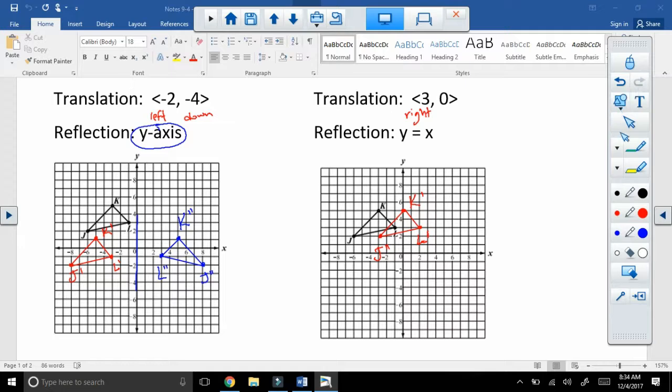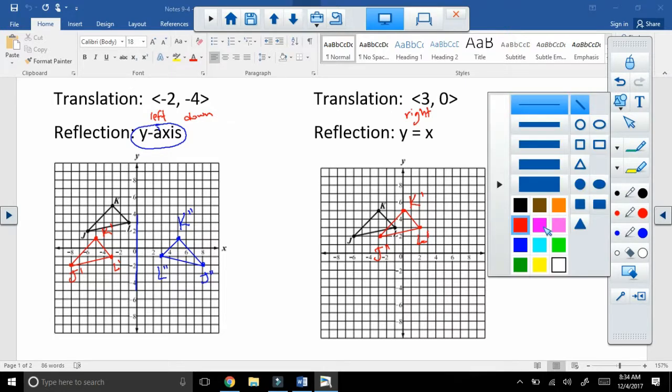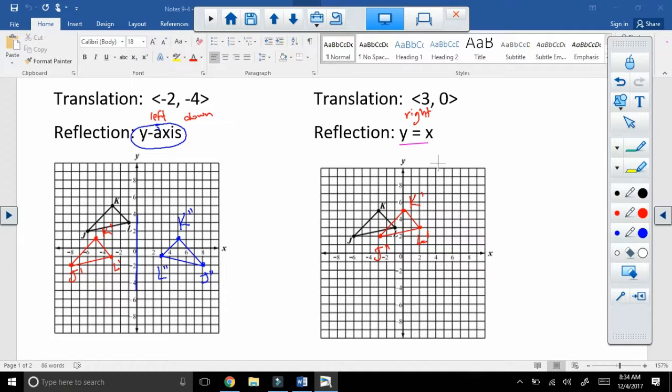And I made this example just so you guys could have another try at it. I'd say this here is probably the hardest one to do. We have that line y equals x. You have to first of all remember that that goes through the corner of all these boxes, goes through the origin, has a slope of 1. And I gave you a couple different ways to do this.